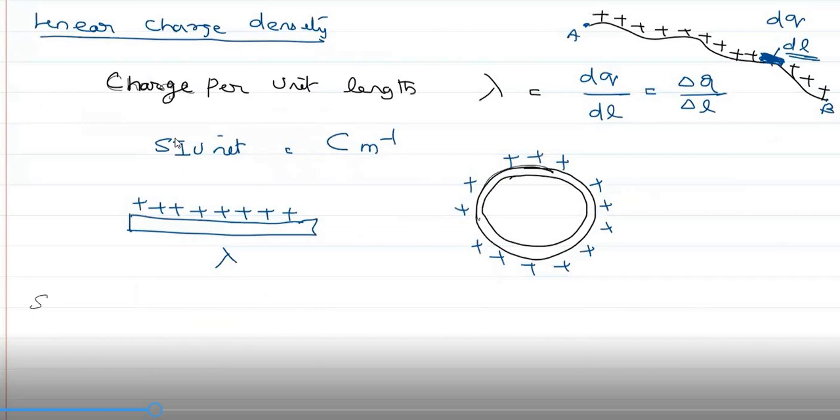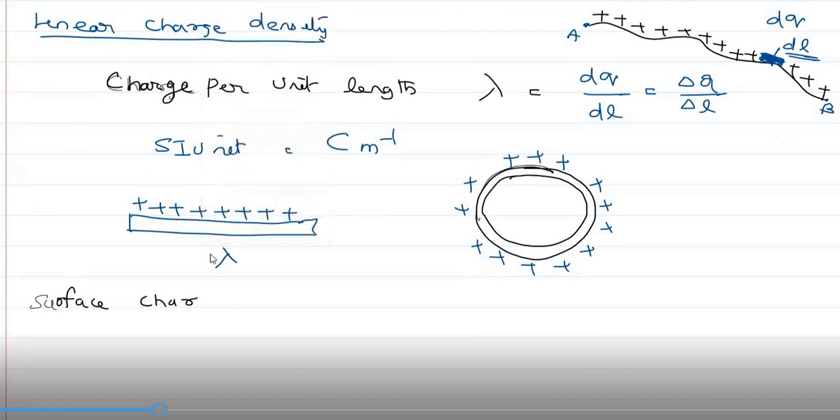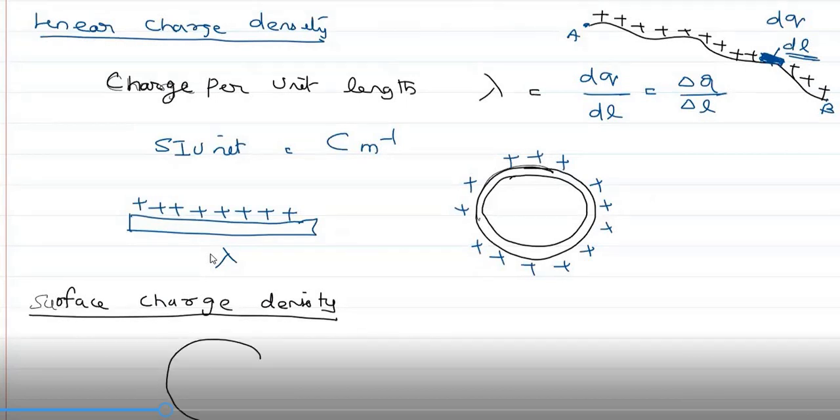The next one is surface charge density. As I said, here we talk about a plane. For example, instead of a ring, take a circular disc, which also has area.